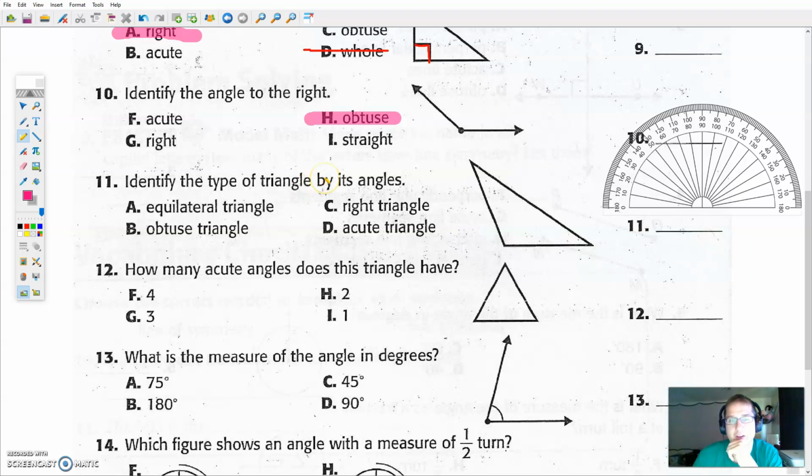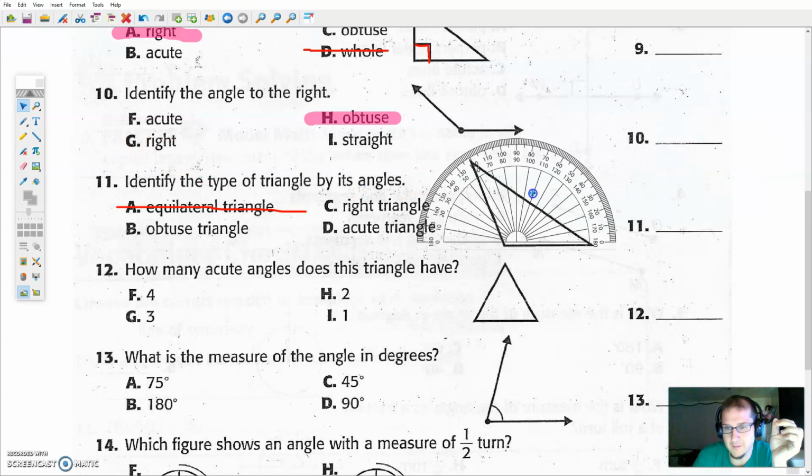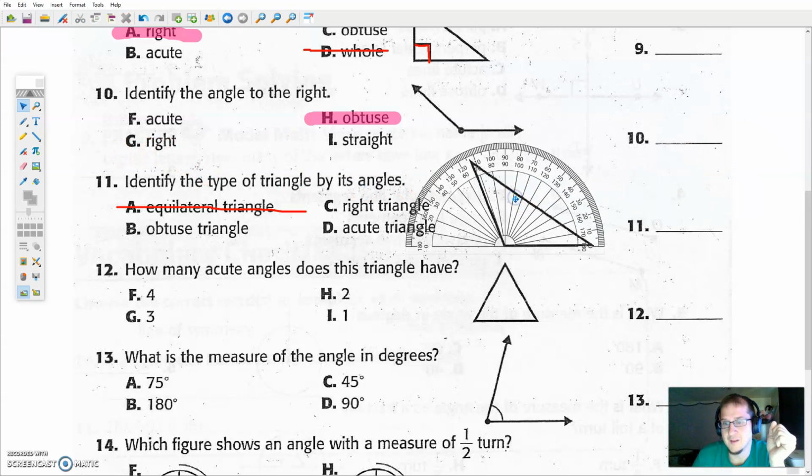Identify the type of triangle by its angles. Equilateral tells me that all three sides are equal. That's not even identifying it by the angle, so it's not that. So is it obtuse, is it acute, or is it right? Well, does it have an angle that is greater than 90 degrees? If you look right here, yes, it does, which tells us this is an obtuse triangle.